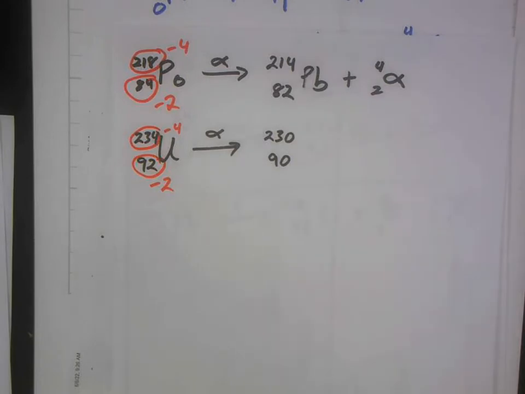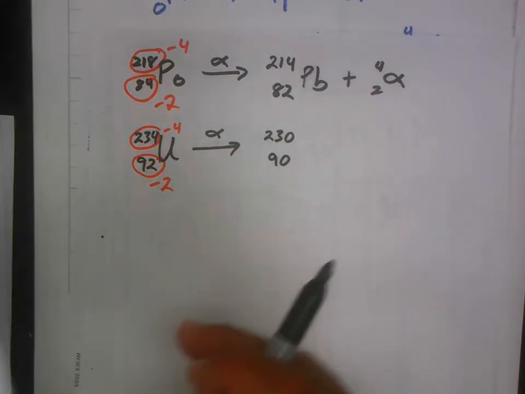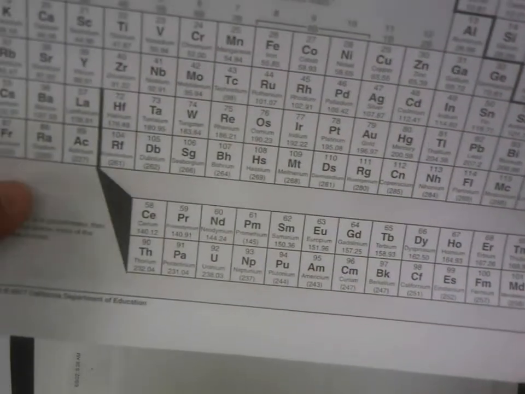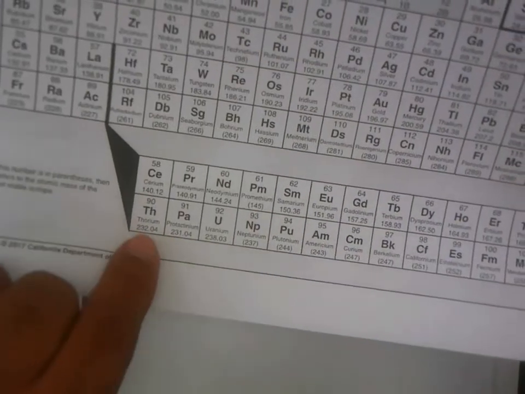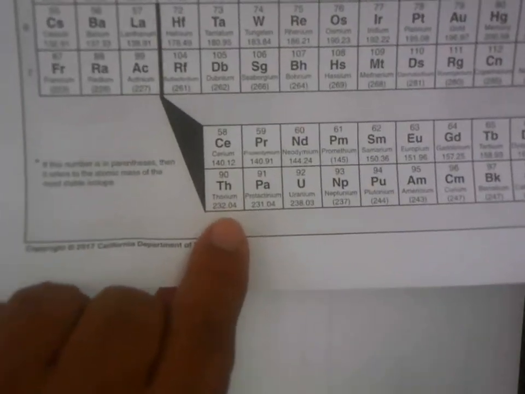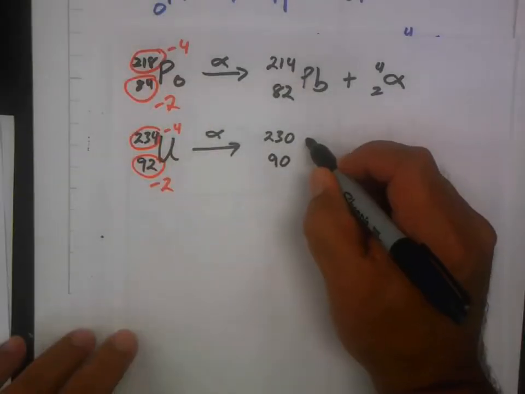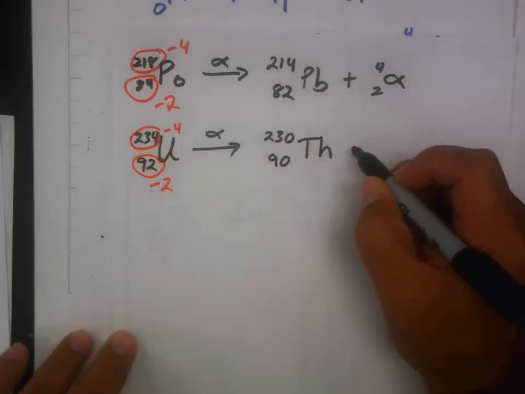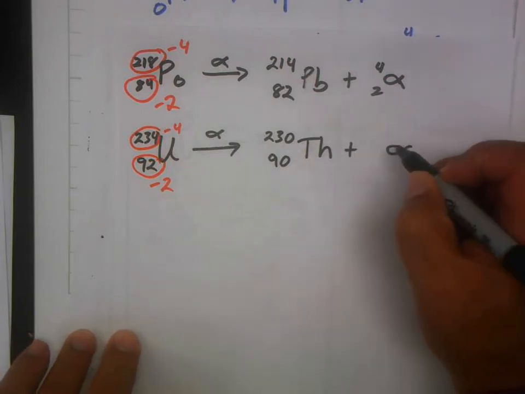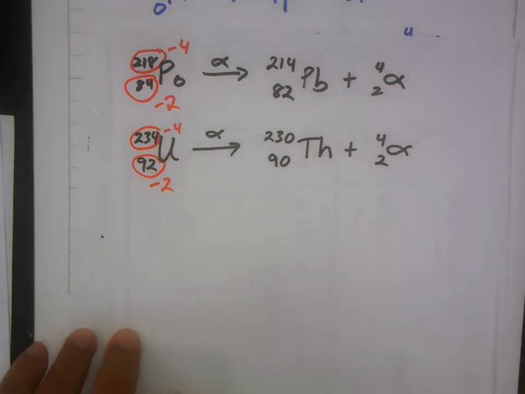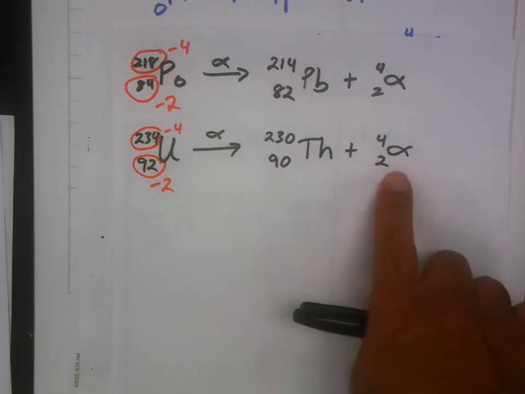Now all I have to do is look up the element that has atomic number 90. It's right here. That is thorium, Th, and we also have the alpha particle. Once again, we subtract 4 and 2 because it's alpha decay, which means it's going to lose an alpha particle.